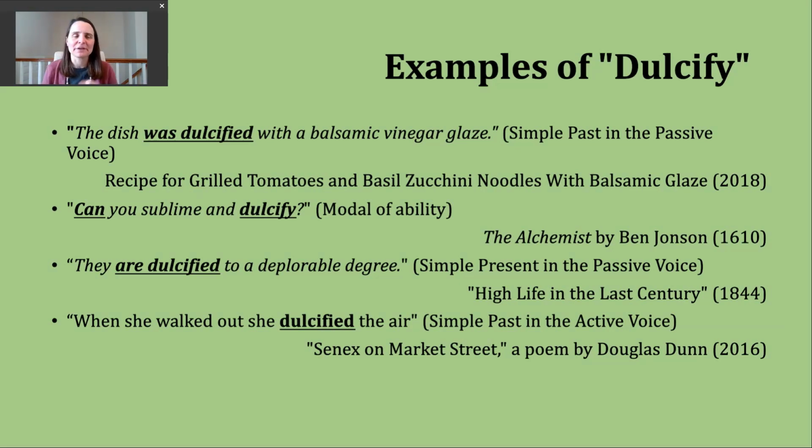The last example, again, something a bit more recent. It's a poem, and the line from that poem was, "When she walked out, she dulcified the air." This is an example of the simple past tense, but here we're in the active voice. So we're just seeing that past tense form of our verb.